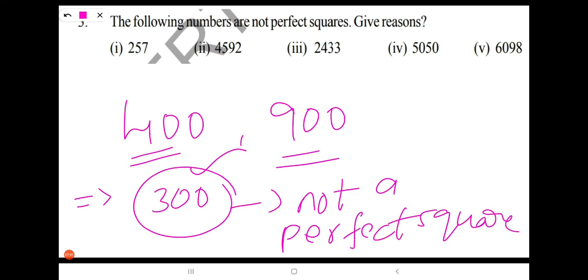It is not a perfect square because all the perfect squares end with an even number of zeros, but the numbers which are ending with an even number of zeros need not be perfect squares. Okay, I will write here.